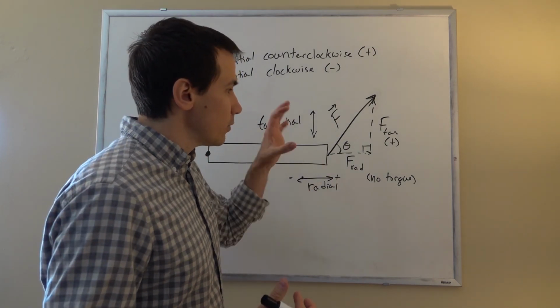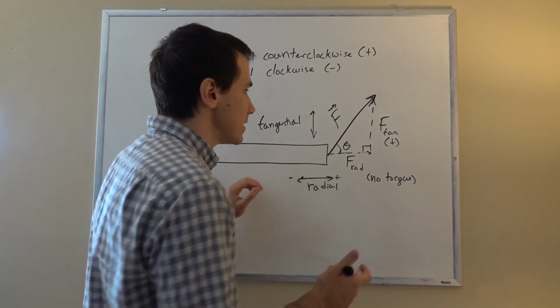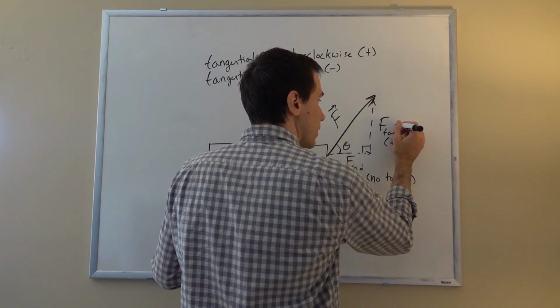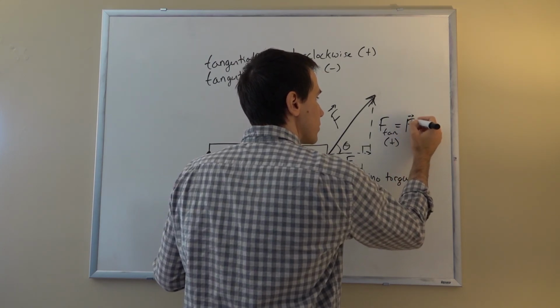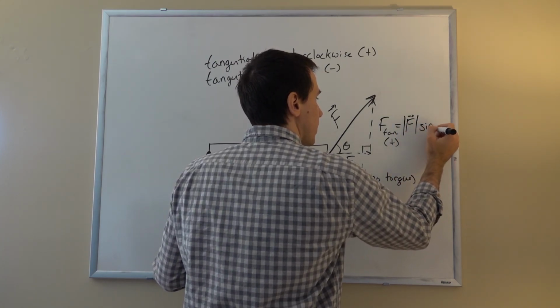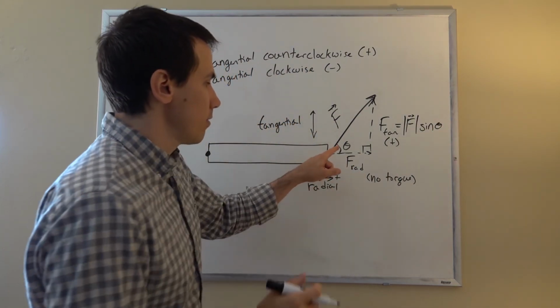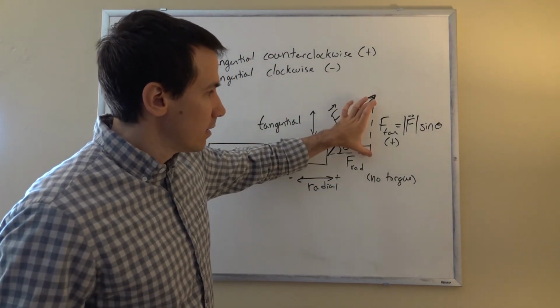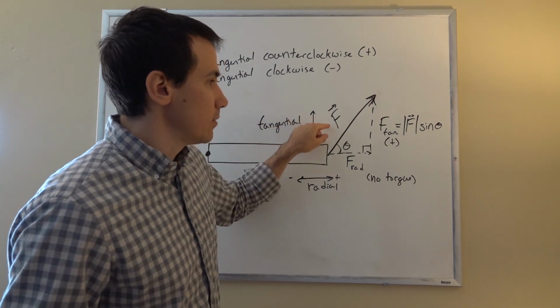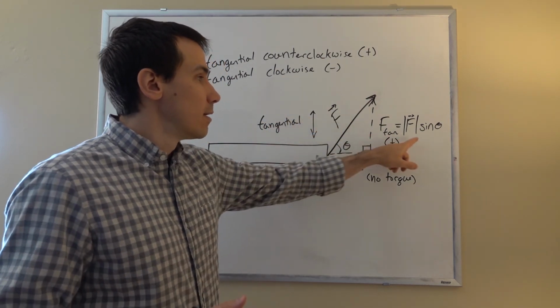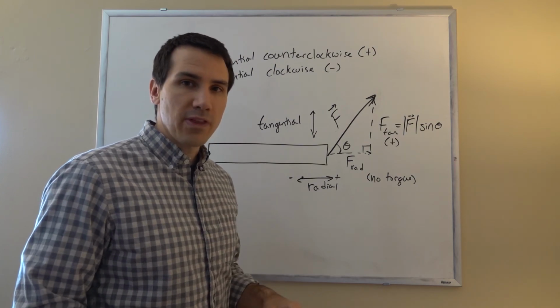All right, so in looking at this picture, we can see that the tangential component of my force looks like the magnitude of my force multiplied by the sine of my angle theta here. So this is theta, this side here is my hypotenuse, the magnitude of my force, multiplied by the sine of theta.